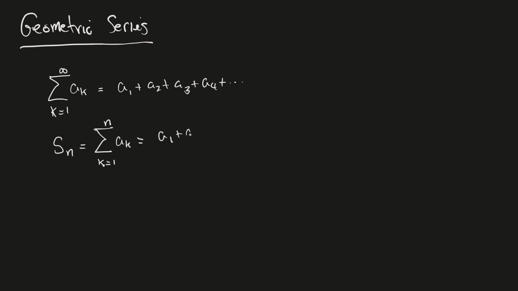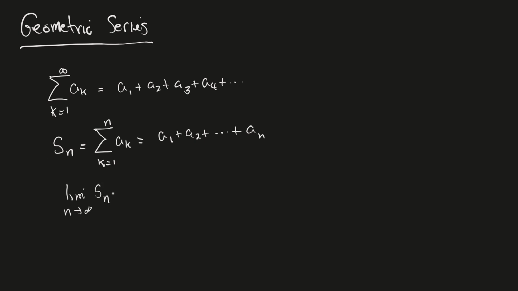Now this is something we can actually do. We can add up a finite number of terms. The big thing is, though, how simplified can this be? That will be our objective for some of our special infinite series. But once we have this expression, we ask ourselves, what is the limit as n goes to infinity of this partial sum?